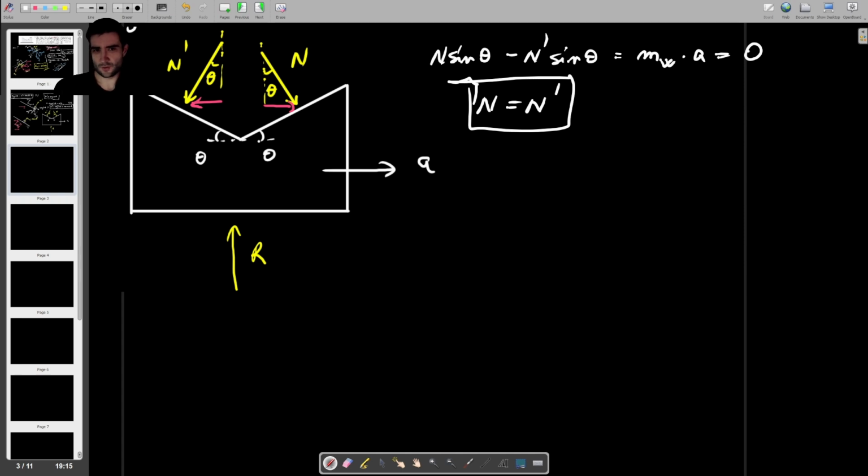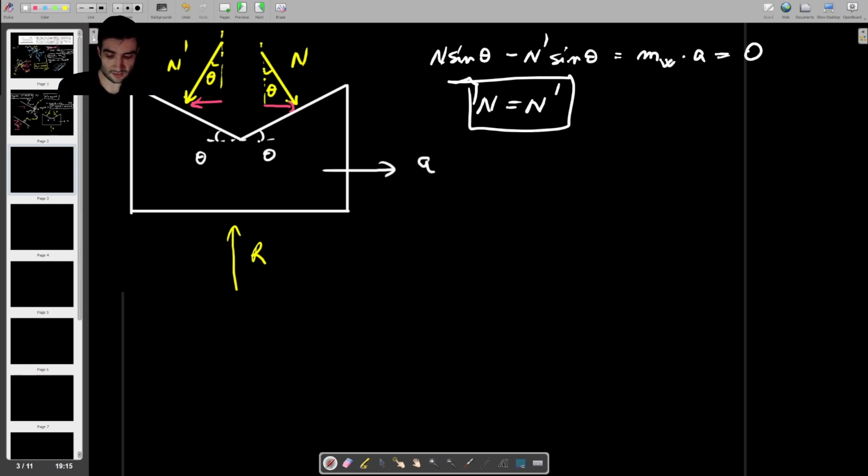conclusion. So it doesn't actually matter what the masses are for the objects, because no matter what the masses are, the normal reaction forces are going to be equal.